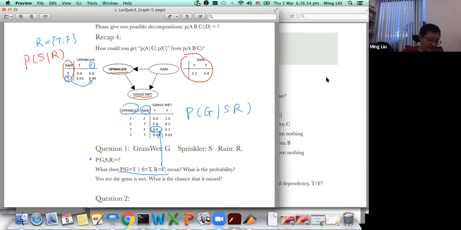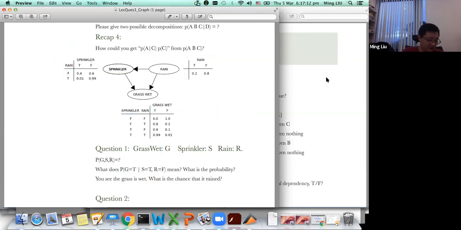And the last question, this one I marked in red, is something I want you to take 1 or 2 minutes to quickly compute. Firstly, can you write out the equations we want to solve? You see the grass is wet.